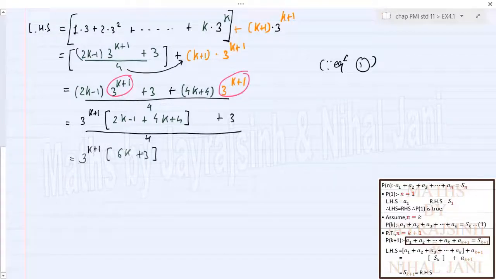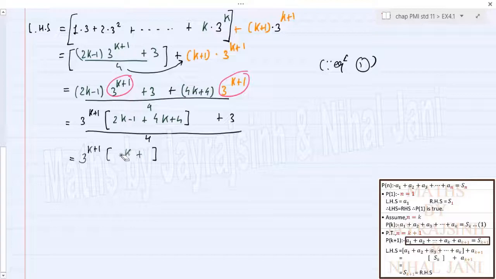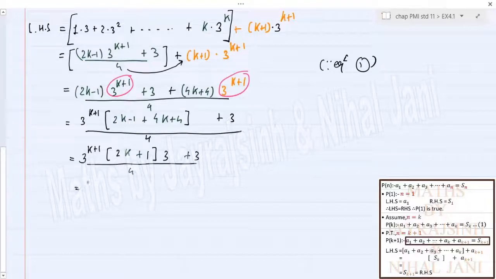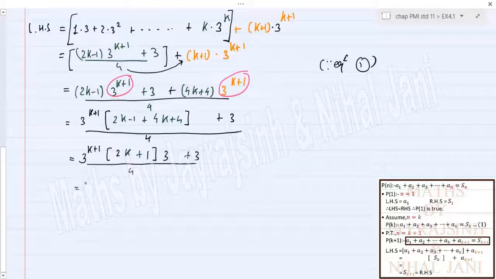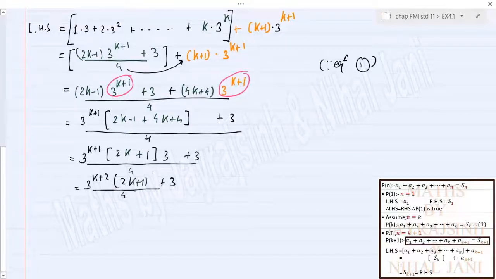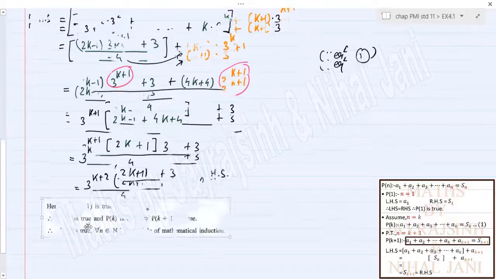Or we can say we can take 3 common from this bracket. So we'll get (2k plus 1) plus 3, whole divided by 4. If we multiply 3 with the 3 raised to k plus 1, we will get 3 raised to k plus 2, (2k plus 1), plus 3, divided by 4, which is the required right hand side.